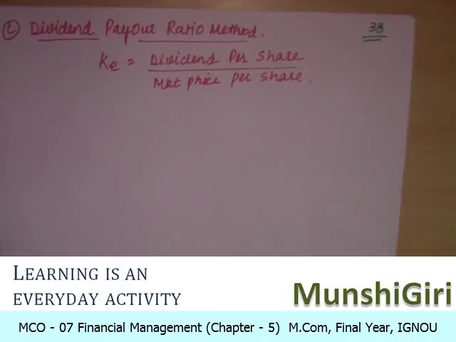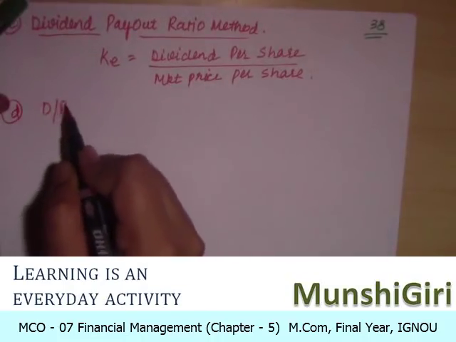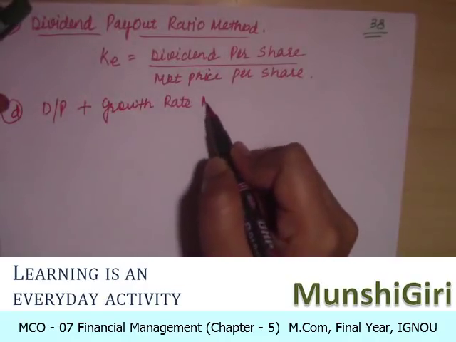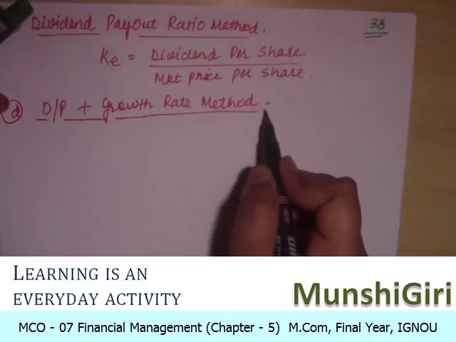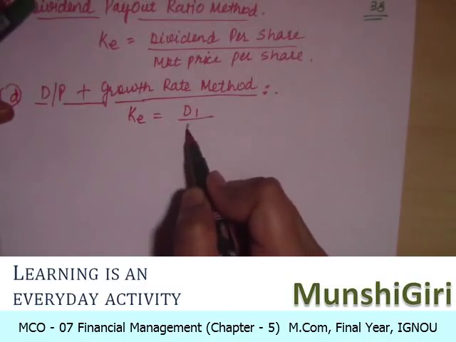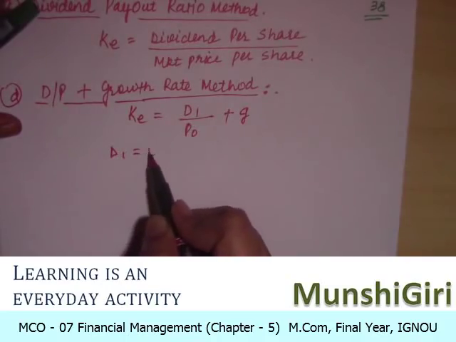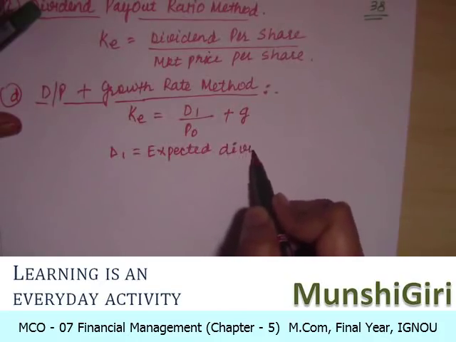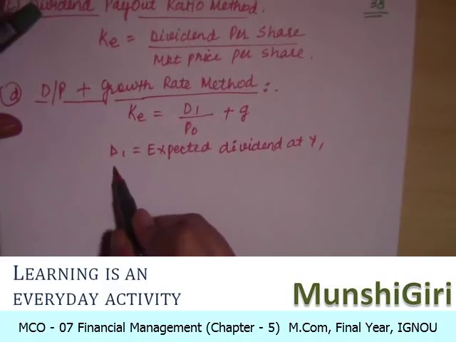Next is the DP plus growth rate method. This can be calculated as KE is equal to D1 upon P0 plus G, where D1 is the expected dividend at the end of year 1, and P0 is market price per share.